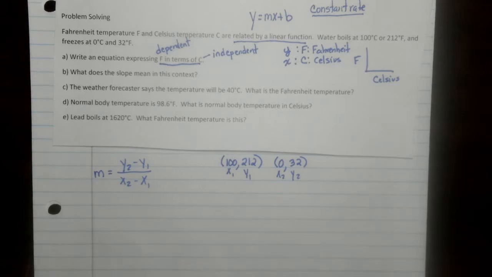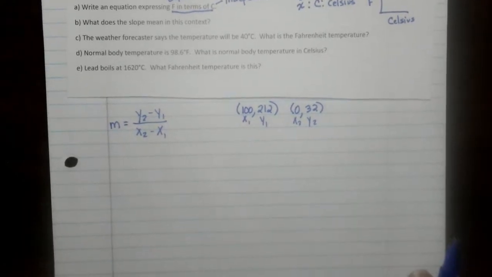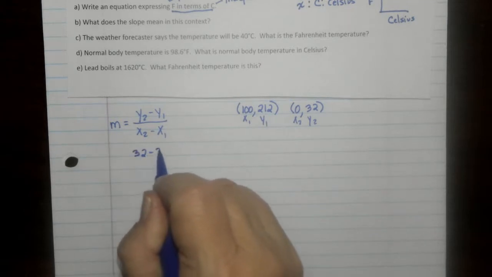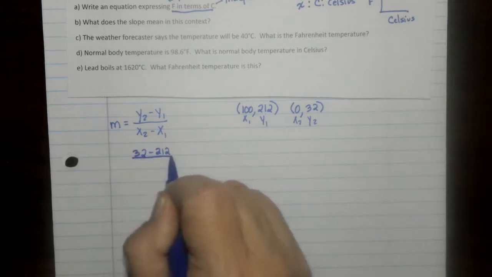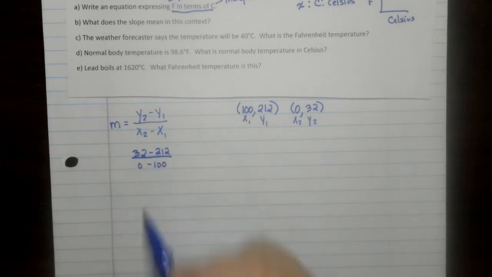It wasn't written in ordered pair form, it was written as a sentence, but there's my two variables related to each other. So now I'm going to plug that in, and I'm going to have 32 minus 212 over 0 minus 100.